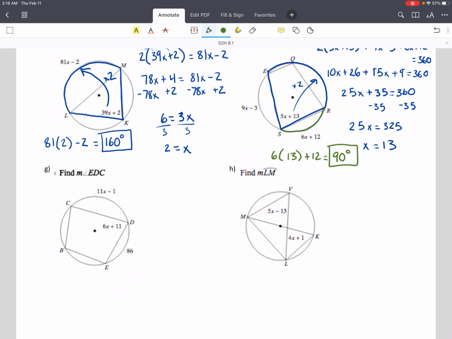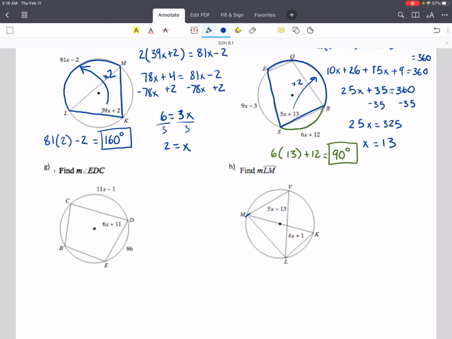Okay, let's just finish on example H. This one's super fun. Here's what you need to know. There's one.